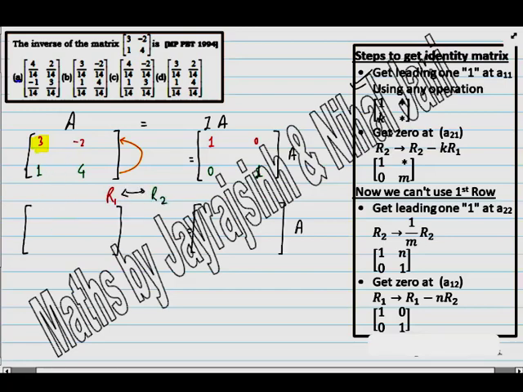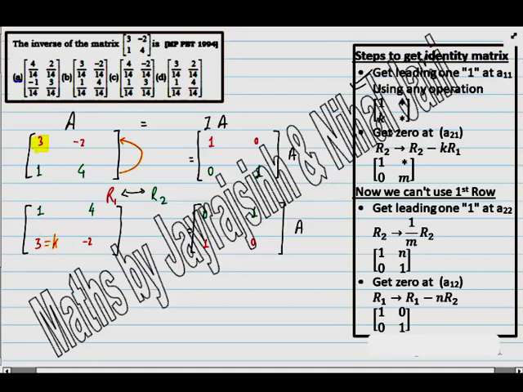So the second row, which is 1, 4, now become your first row. 0, 1, okay, and the first row is now your second row, right? So we complete our first step. We get leading one, the A11 position, as well as we get the value of k, which will helpful in the next step.